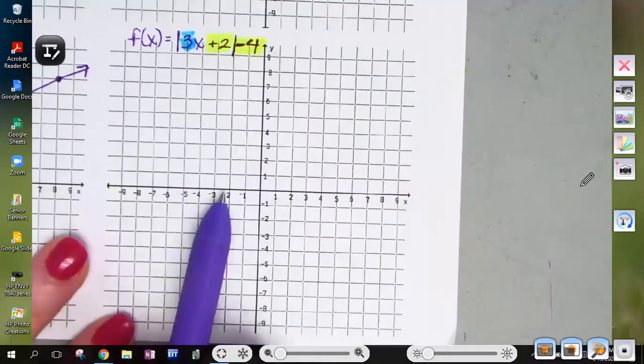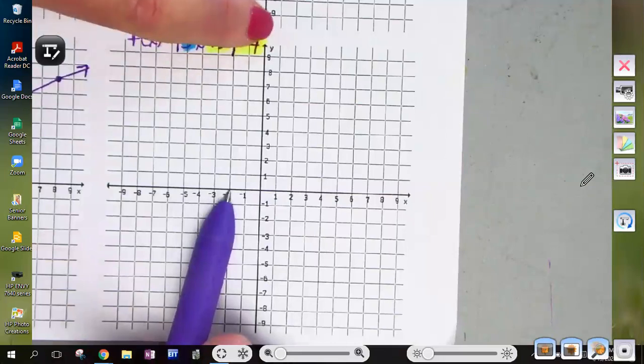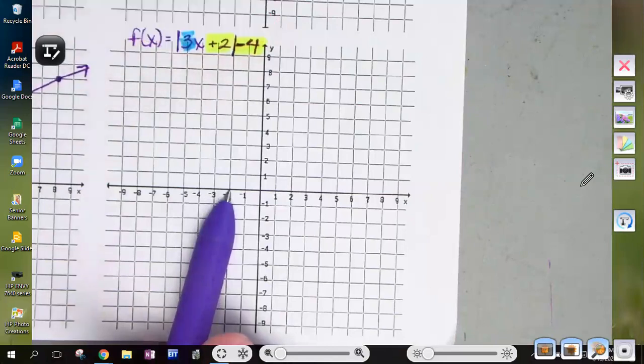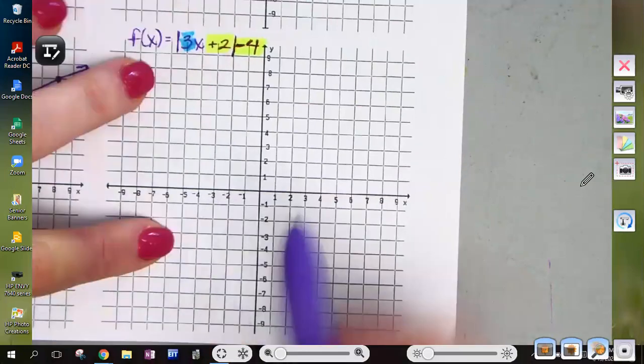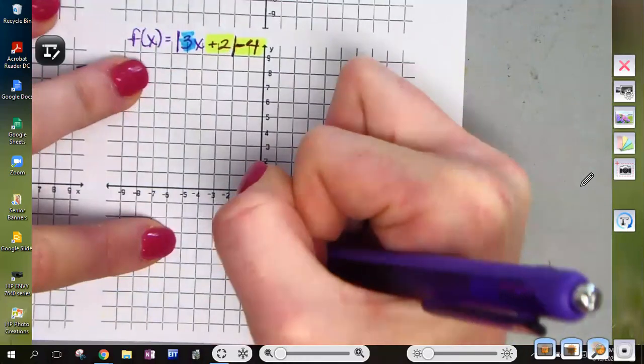So my vertex is right here at -2, but don't graph it yet because there's another translation. When it's outside, what way is it moving? Whatever it says. So where's it going? It's going down 4. So I'm going to -2, -4, and that's my vertex.